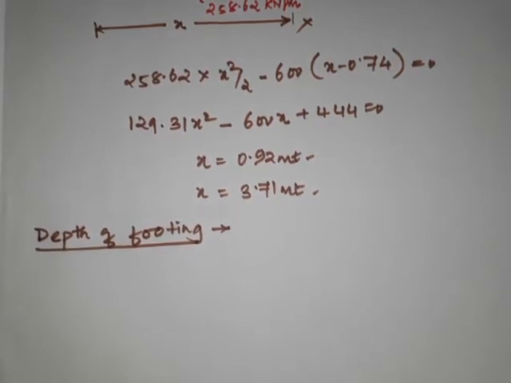In my opinion, you can calculate the depth with respect to moment of resistance, then later check for one way shear, whether it is safe or unsafe. So now we calculate the depth of footing.